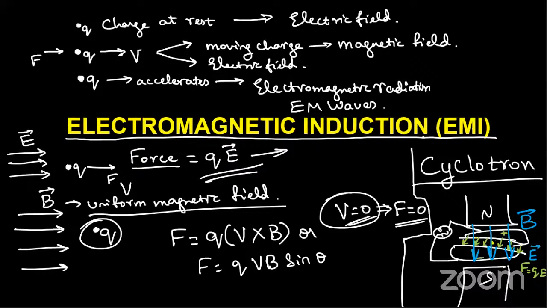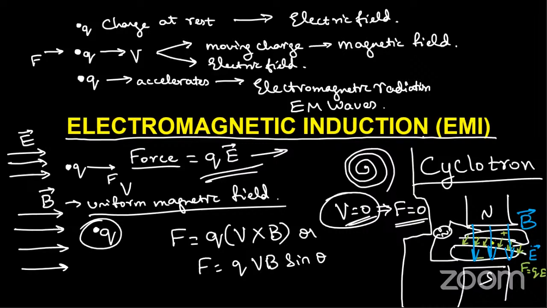This is what's happening in the cyclotron, and this continuous changing of cycles and increase of electric field or magnetic field accelerates the charge, and the charge executes which type of path? Yes, the charge executes a helical path.